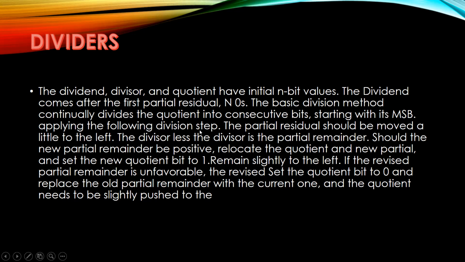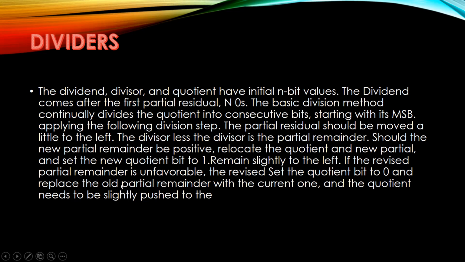Applying the following division step, the partial residual should be moved a little to the left. The divisor less the divisor is the partial remainder. Should the new partial remainder be positive, set the new quotient bit to 1.